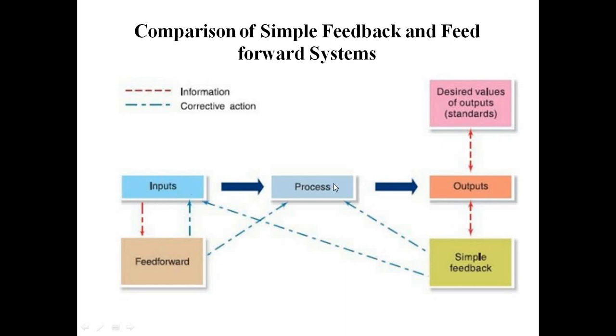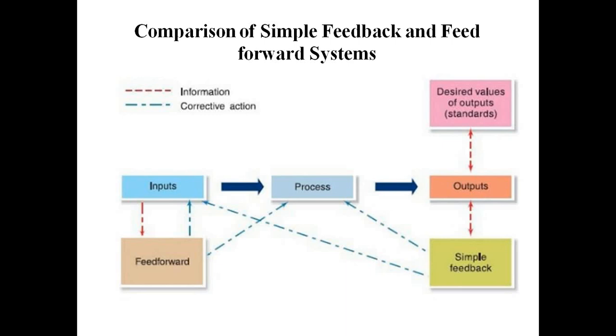Then coming to the second one, that is simple feedback control or the feedback control process, and they are taking corrective actions only after the outputs are made by the organization. They are trying to change their inputs according to the output made by the organization.